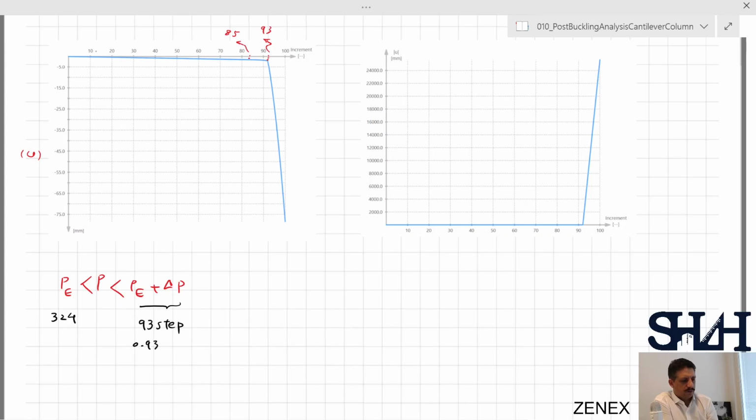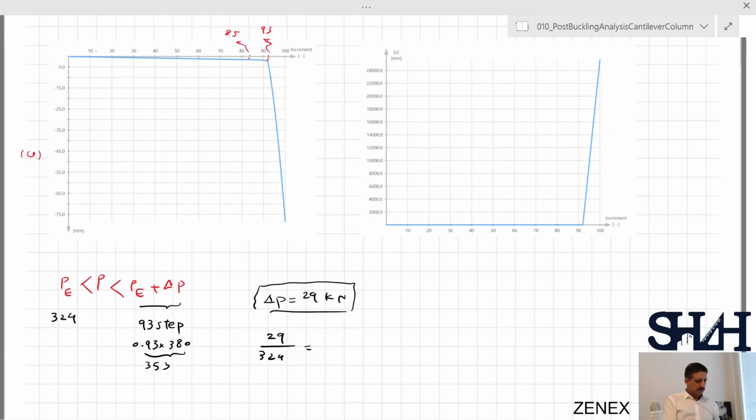So 0.93 times 380 kilonewton in our calculation, 353. If I subtract 324, then it will be 29 kilonewton. This is the delta P that we can apply to this structure. 29 divided by 324, so it will be around 10%.